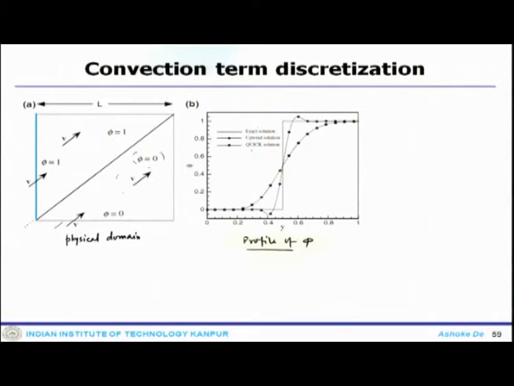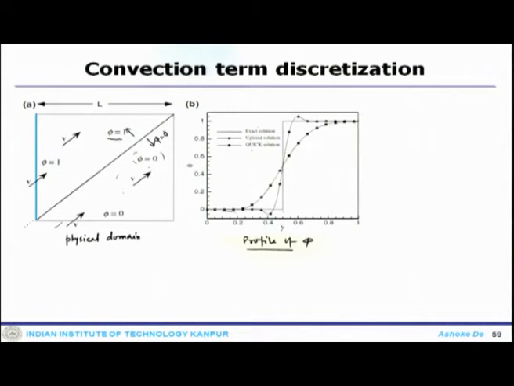That is why if you look at the exact solution, phi equal to 1 suddenly along the diagonal or the middle of the system drops to 0 and then it stays 0, because the lower side is all phi 0, upper side would be all phi 1. And somewhere it would be 0.5 and something.